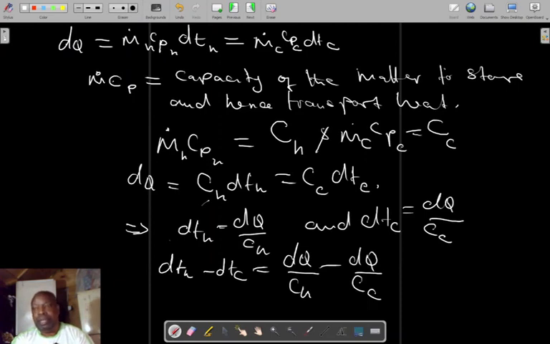But there is one thing that we should have noted. That is, if the direction of gain is positive, the direction of a loss is negative. So we should have added a negative sign there. So this is supposed to be minus dQ over CH minus dQ over CC.